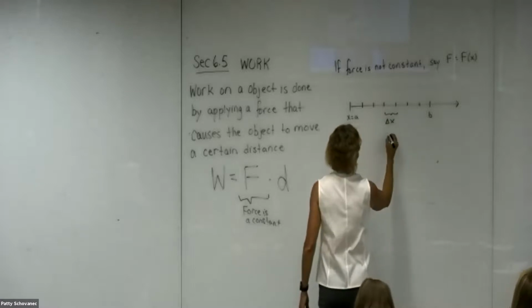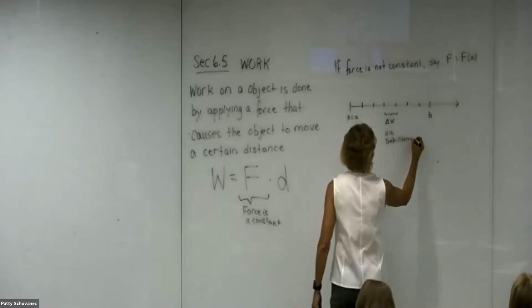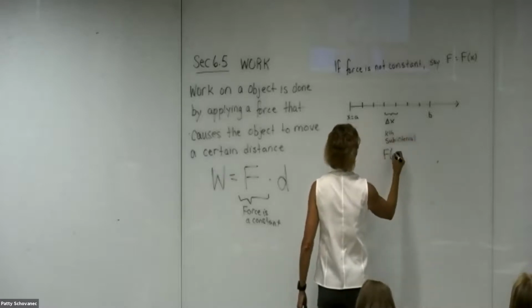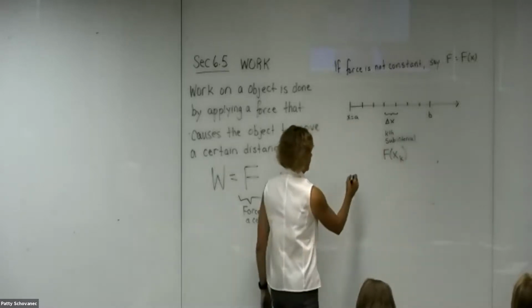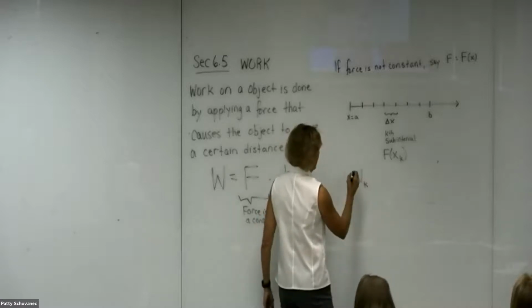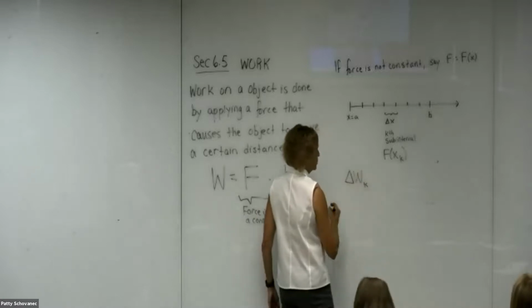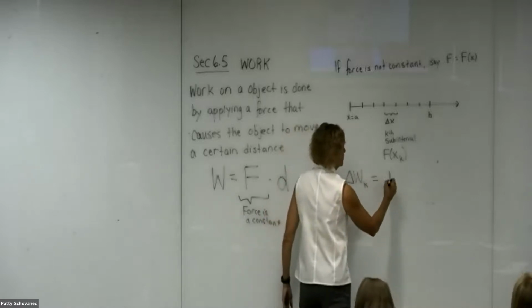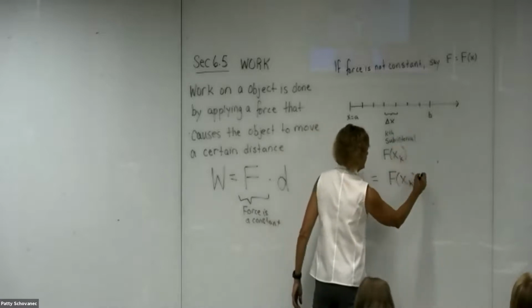And so that would be the kth subinterval. So the force is going to be F acting on x in that kth subinterval. And so the work done in the kth subinterval is the product of that force times that distance.